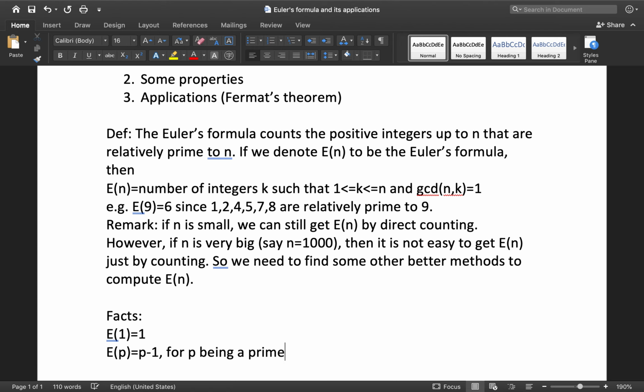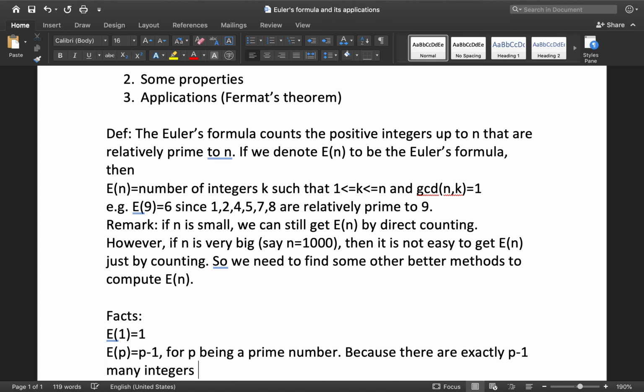the reason is the following: because you just count the number. There are exactly p minus 1 many integers.